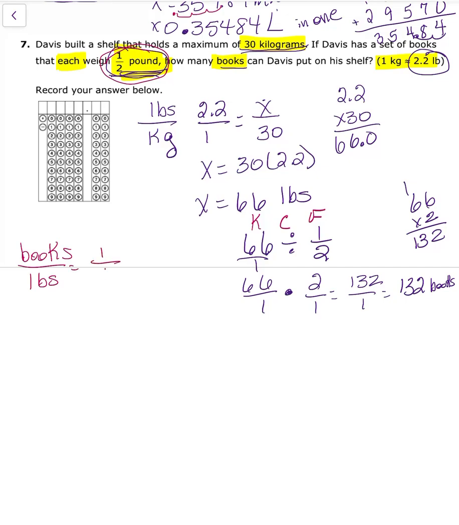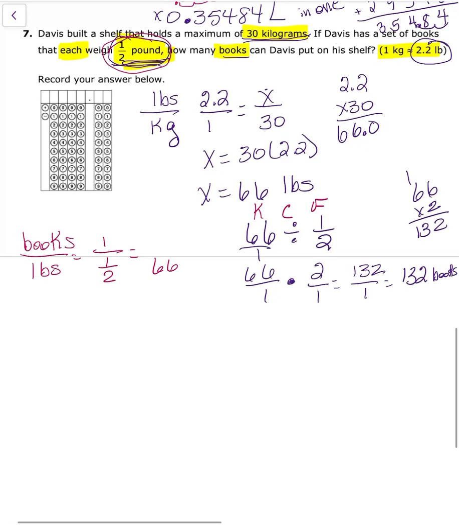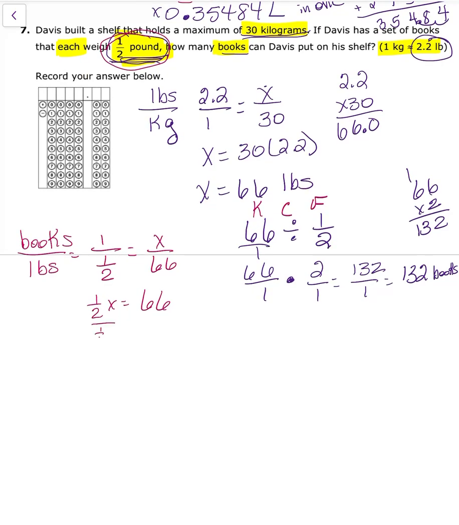We know one book is a half a pound, and I know that we have 66 pounds, and we don't know how many books that is, right? So we cross multiply, 1/2 x equals 66 times 1, which is 66, right? And then what's the opposite of multiplying by 1/2? So divide by 1/2.